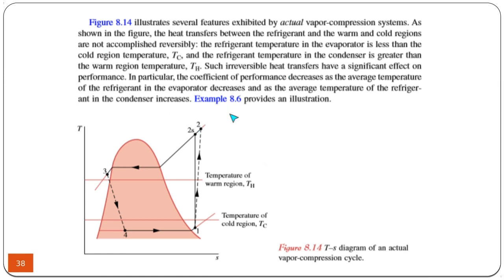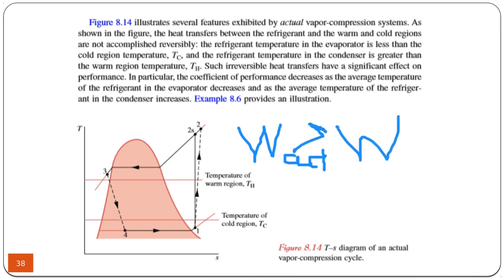It means that an actual compressor is going to have a larger compressor work than the isentropic compressor.